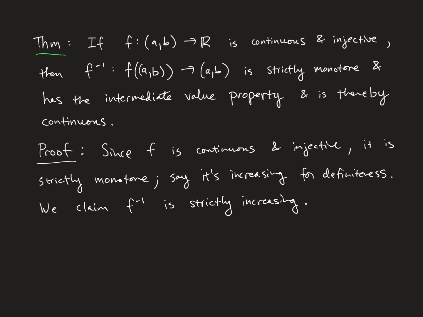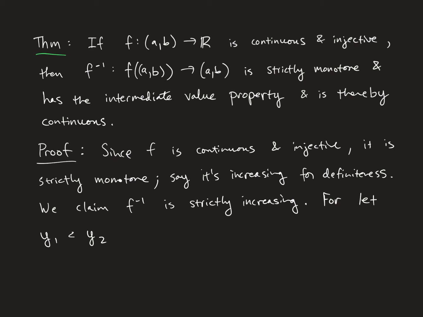And so for this, we'll take y1 less than y2. So these are going to be in the domain of f inverse. So that's why I like to use y. So label the things in the domain of f with x, and the things in the domain of f inverse with y, just helpful psychologically.